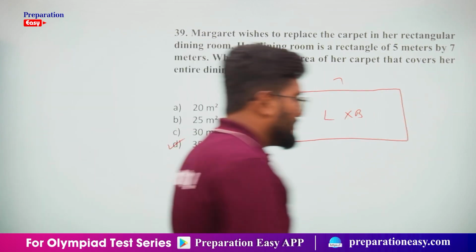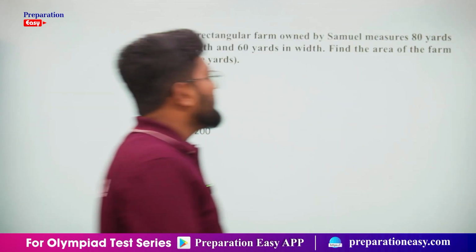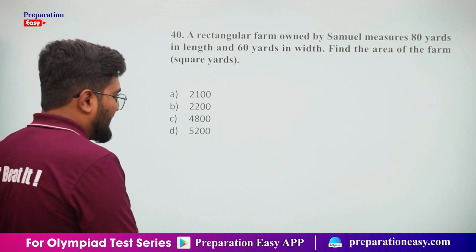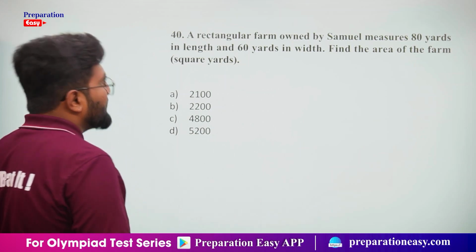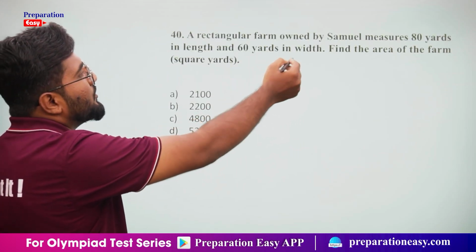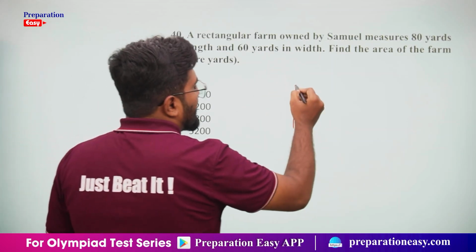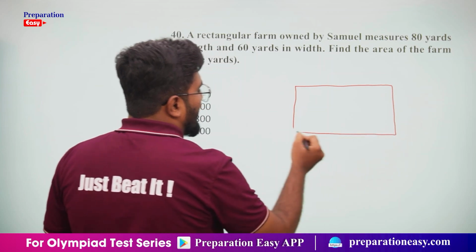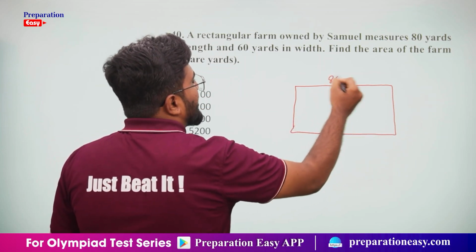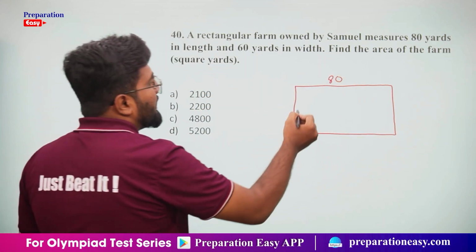Okay. Next question. This will be our last question of the achievers section, the practical mathematics section. A rectangular farm owned by Samuel measures 80 yards in length. Its width is 60.